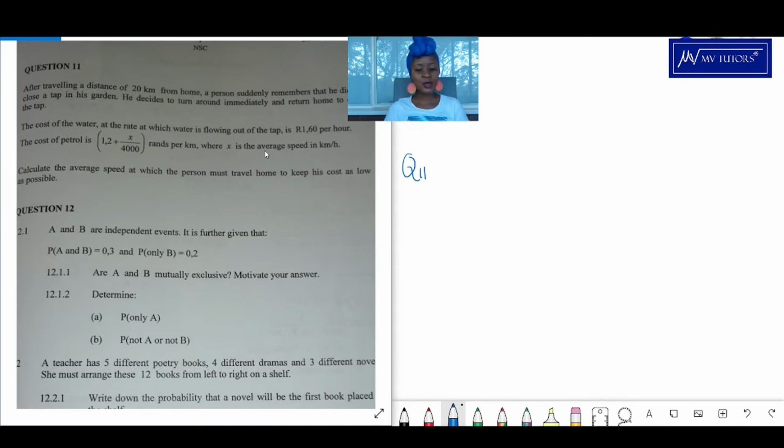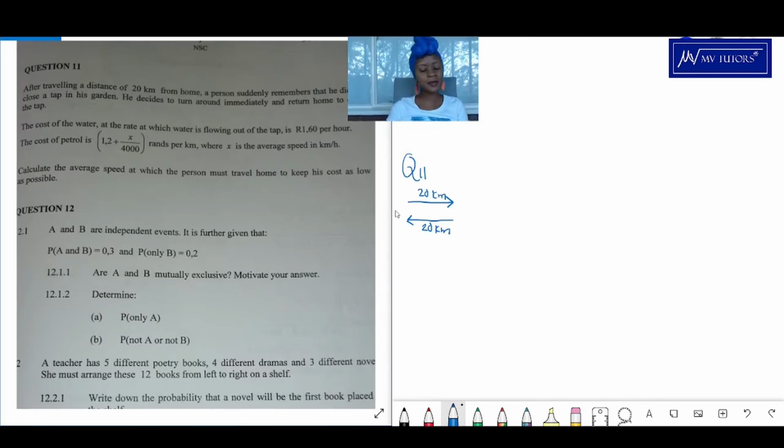This person traveled 20K, and then realized, oh snap, I did not close the tap. Some would say I forgot to switch off the stove, and then he had to go back another 20 kilometers.